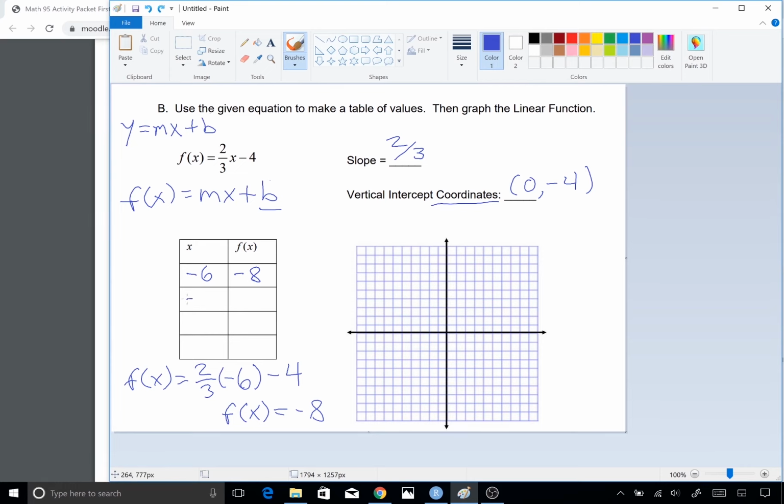Then I'll let x equal -3. Now, we'll have 2 times negative 3 divided by 3 is going to give me negative 2 minus 4 is going to say negative 6.